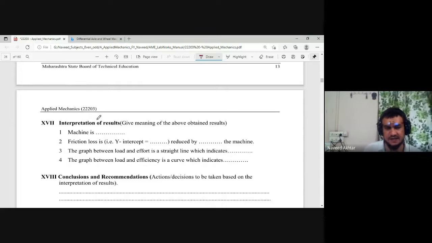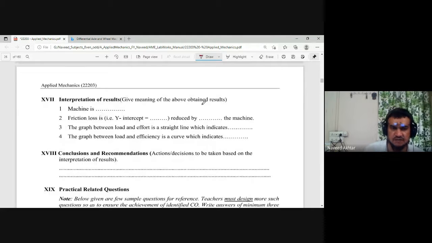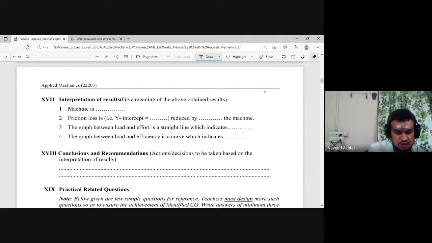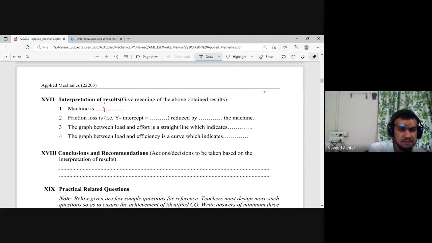Then the interpretation of the result, the meaning of the above obtained result: the machine is irreversible, non-reversible, because the efficiency is less than 50%. The friction loss is 2.62, reduced by how many percentage you can write down.